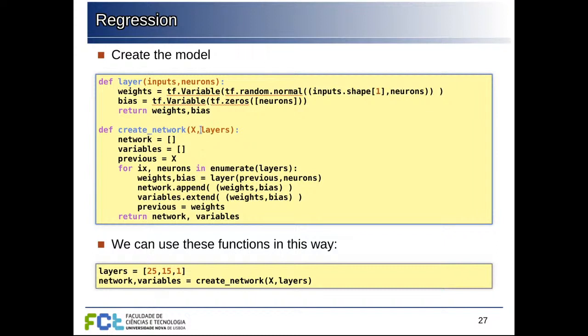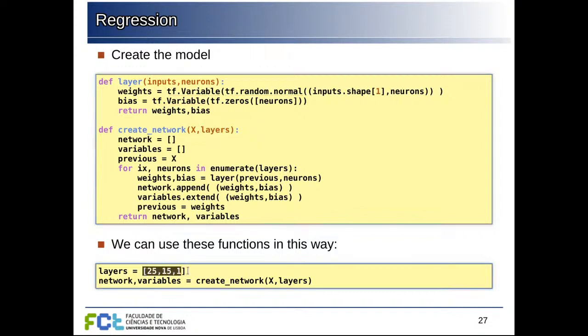To create the network, we can receive a list with the number of neurons for each layer and a NumPy array showing us how the inputs are shaped, so how our X values are shaped. We're going to start with these empty lists, but we're going to start from the matrix with the examples, the input data, and we're going to create a layer using this input data as input and the number of neurons in the first element of this list.